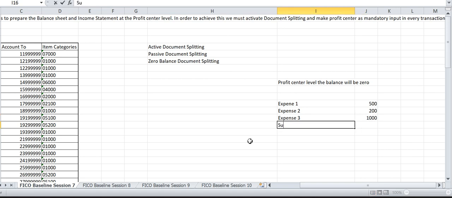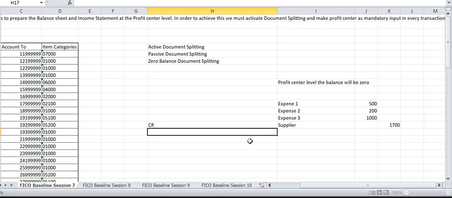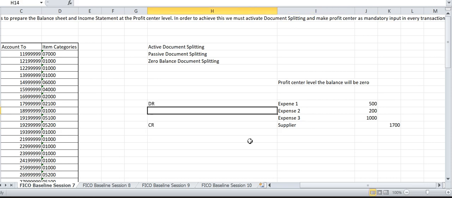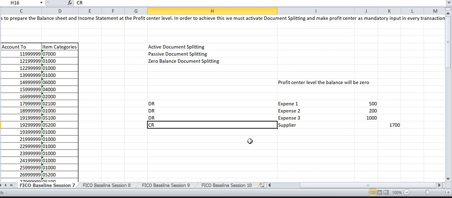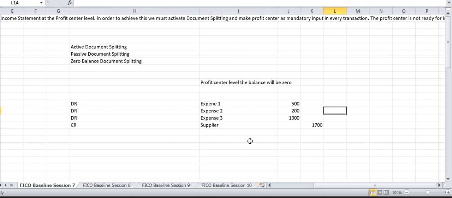My supplier account is the total, which becomes 1700. This is my credit, and the expenses are debited. Now keeping the profit center, let's say this has profit center 1, this has profit center 2, this has profit center 2, and now we cannot put the profit center in the AP line, right?